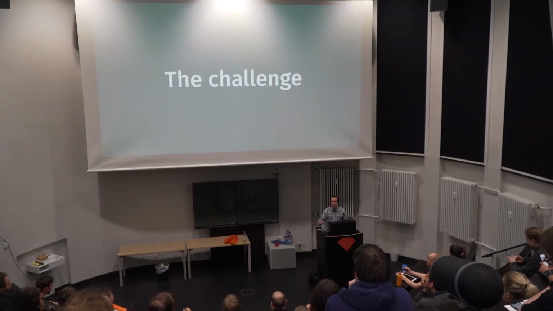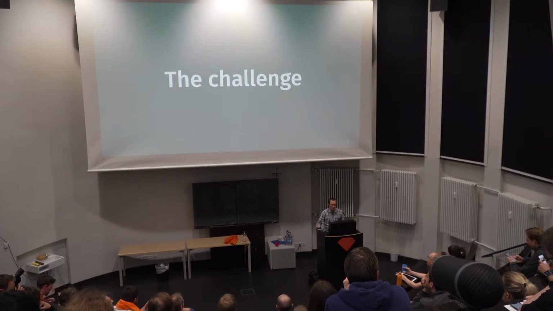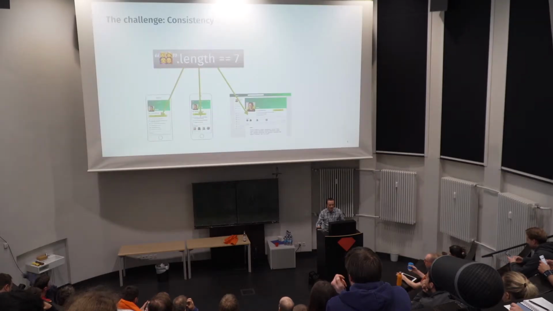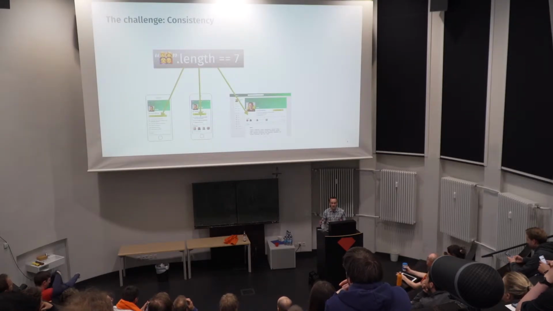So let's start with what this talk is all about. It's all about a challenge that my team faced, and what we learned from that and all the stuff that we encountered. It's basically about this: you have a string, in this case the family emoji, and you want to count the characters.